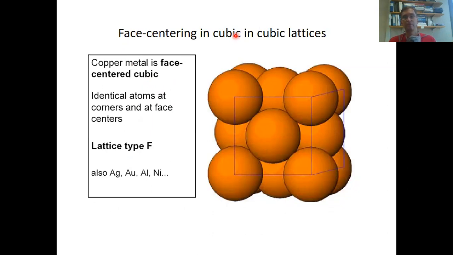So that means that we have additional lattice points on the, well, face centers of the cube. So you know that a cube has overall 6 faces. So we have overall 6 face centers on the 6 faces of the cube.